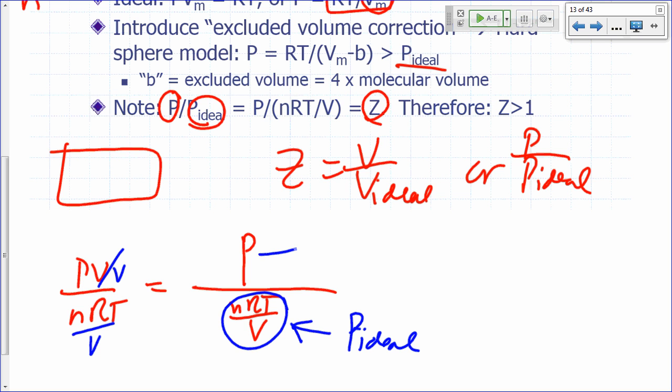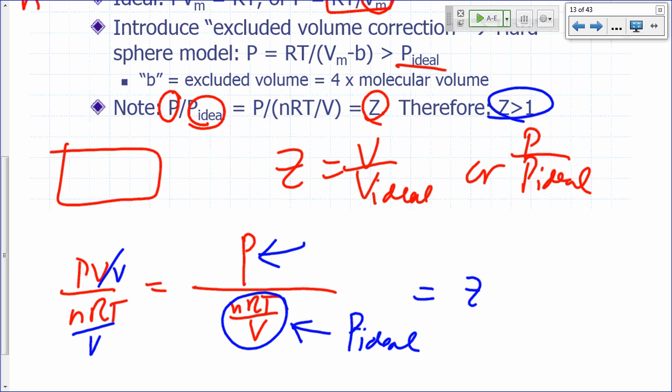If you compare that to the actual pressure, P over P ideal, that's your Z. So Z greater than 1 also means that your gas pressure is higher than what it would be if it were behaving ideally at that temperature in that container.